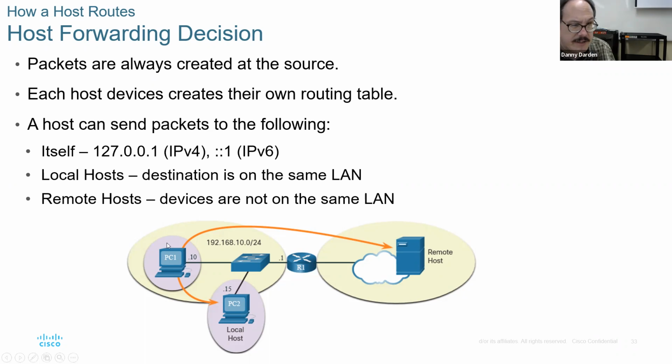Whenever you see those numbers, that's telling you how big the network side is. That only leaves the last octet open for host bits, those last 8 bits.